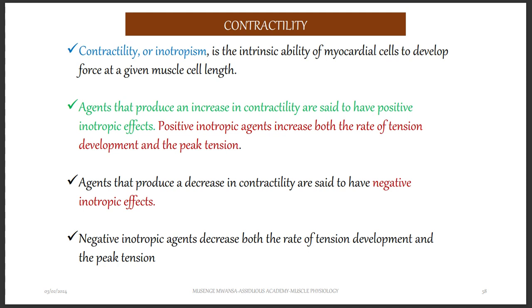So the mechanism or the process is known as a positive inotropic effect. Positive inotropic agents increase the rate of tension and the peak tension, how high you can contract and how fast you do contract. Those agents which increase that are called positive inotropic agents. And then negative will be the opposite.